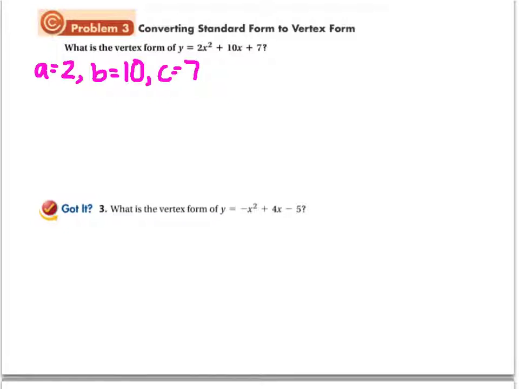The method to find your vertex stays the same. X equals the opposite of B over 2A. So we have negative 10 over 2 times 2.